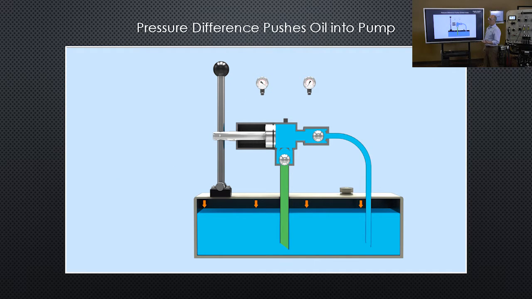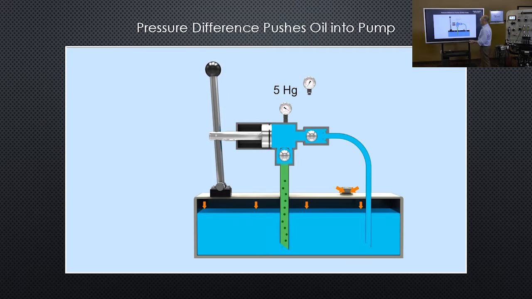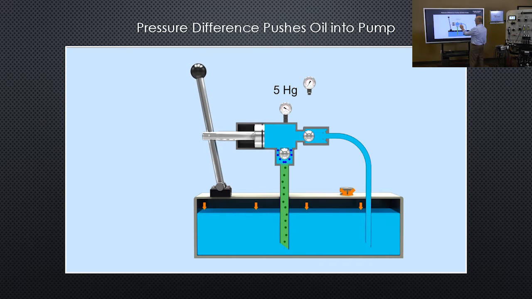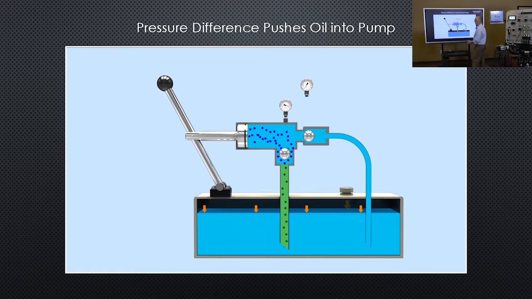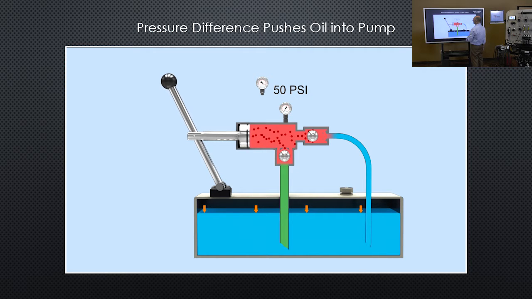All pumps work on the same basis by virtue of increasing and decreasing volume. Here's a very simple single piston pump that will help us understand that. For example, I have a vacuum gauge here. If I pull the lever, I'll create a partial void or vacuum behind the piston. Atmospheric pressure will push the oil into the chamber.